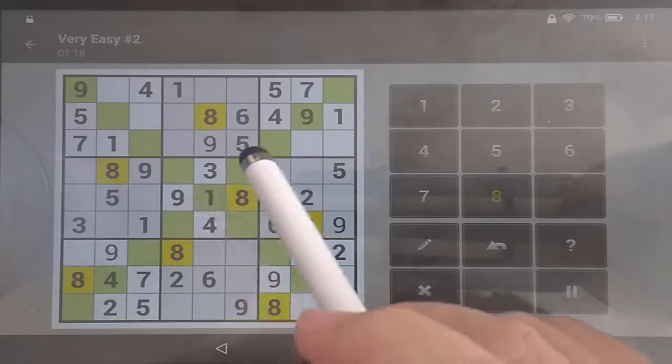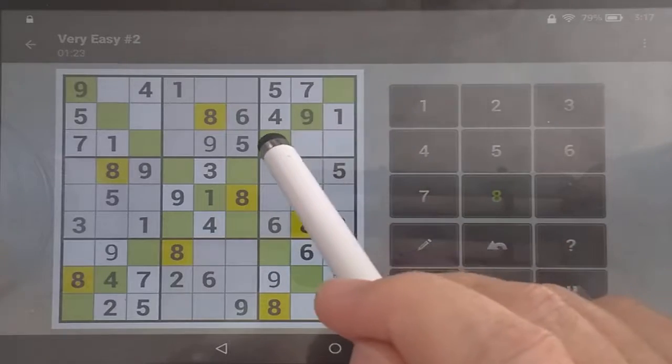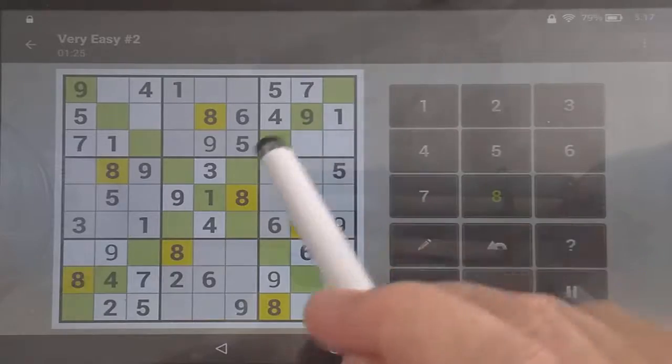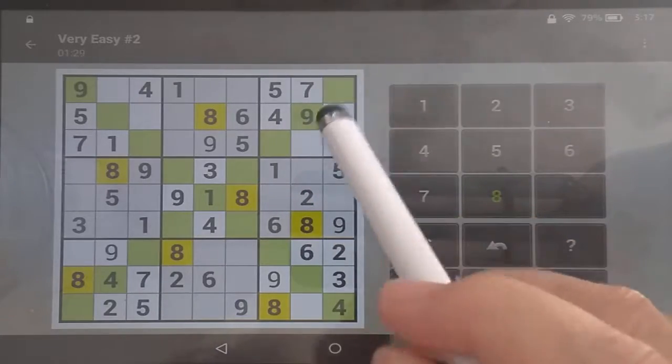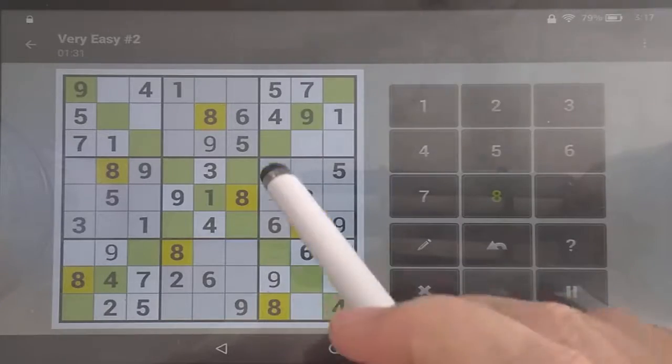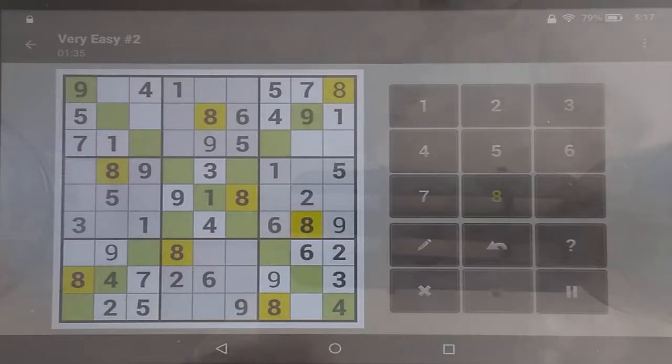I know these 2 cannot be 8s because this square already has an 8. So therefore, the 8 on this leg of the X has to be in this box. It can't be here because that one, so it has to be here. So that's where my 8 goes.